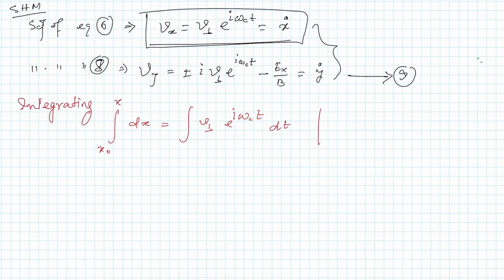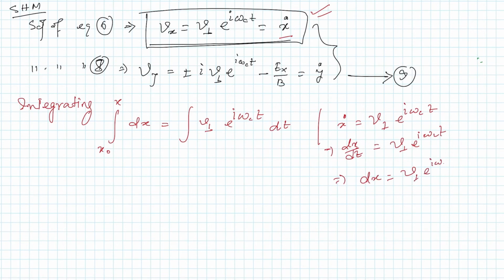So how have we got this equation? Now you see, from this equation, x dot is equal to v perpendicular e to the power i omega c t, and x dot means dx by dt. So we can write like this: dx is equal to v perpendicular e to the power i omega c t dt.